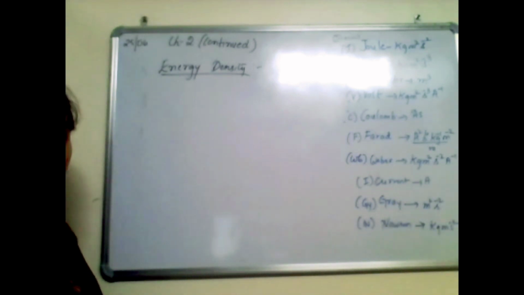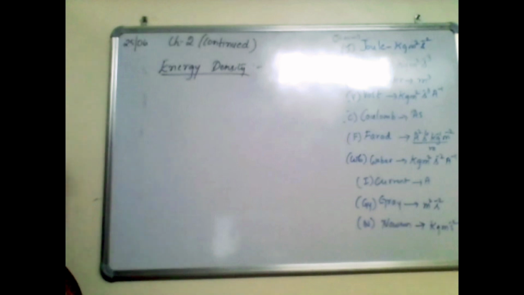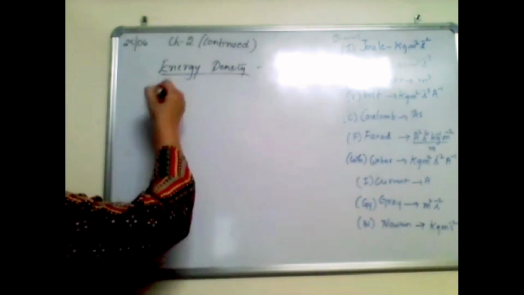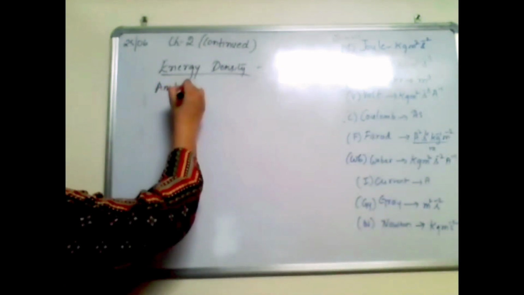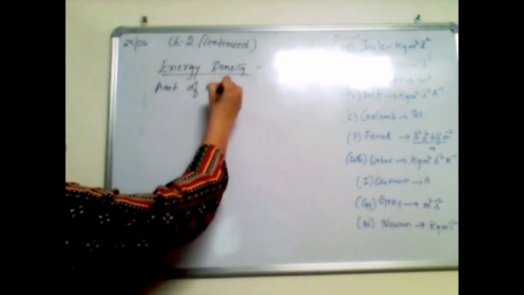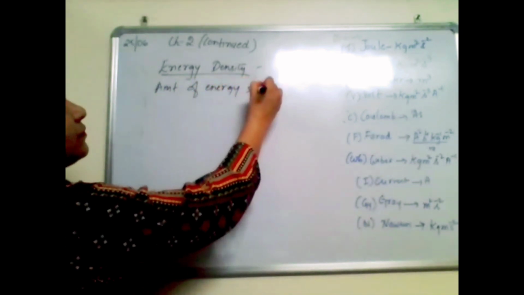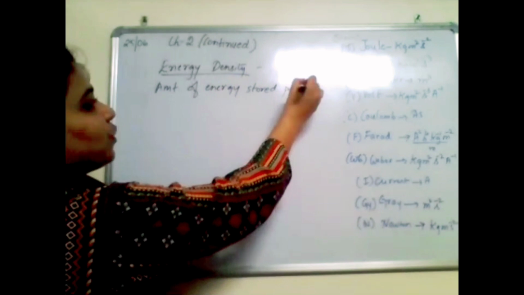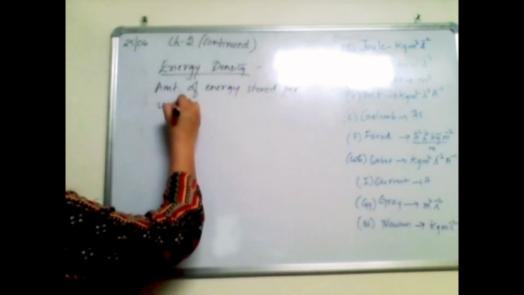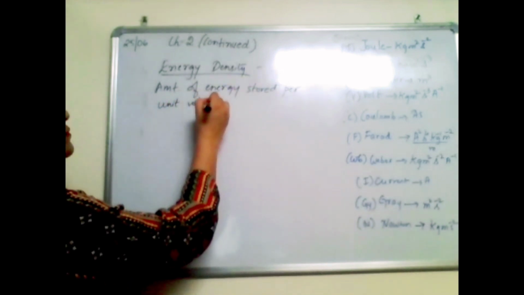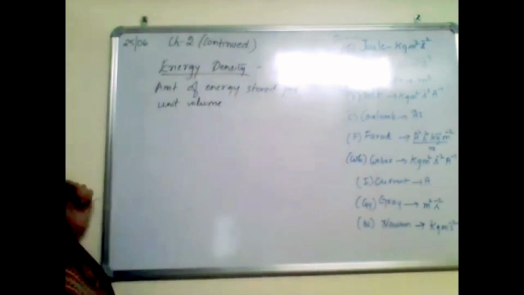How much energy is stored in that volume is called energy density. You can write: amount of energy stored per unit volume is called energy density.